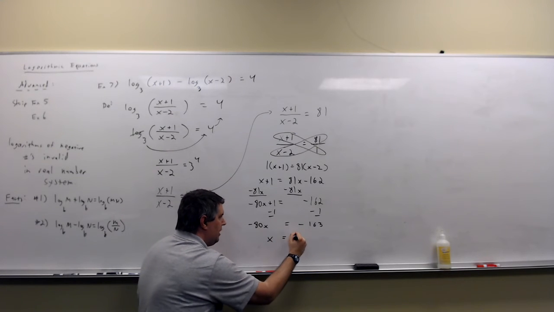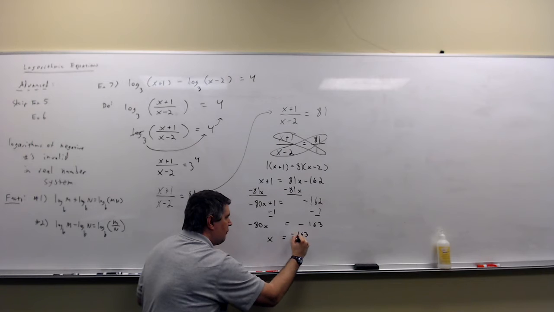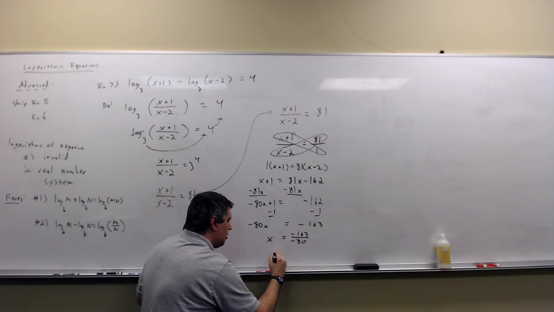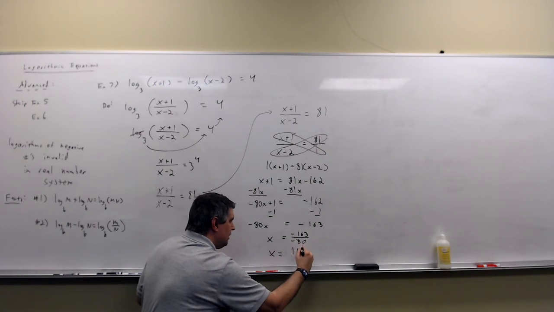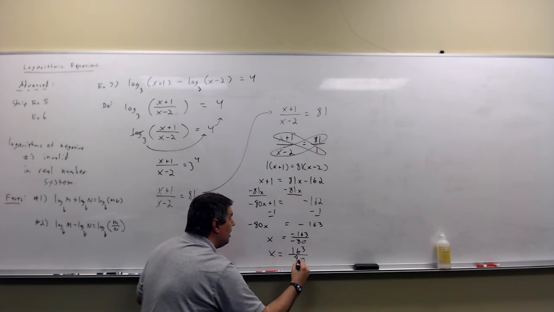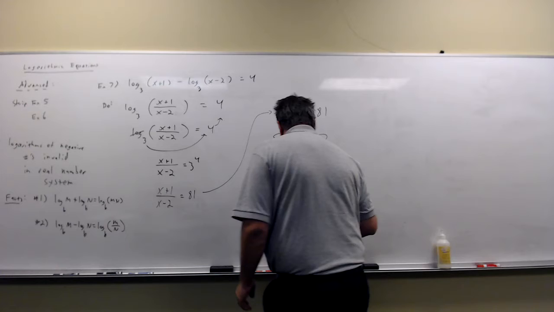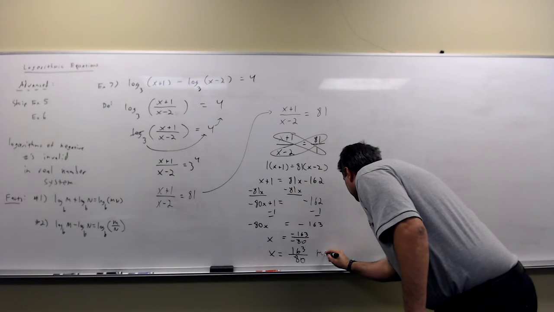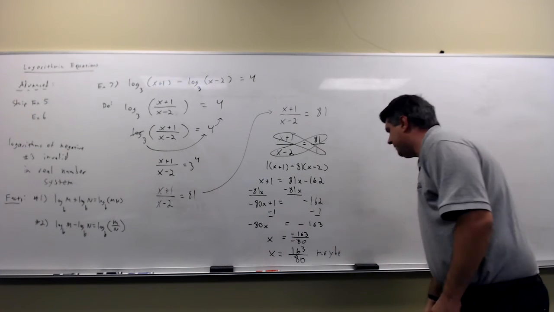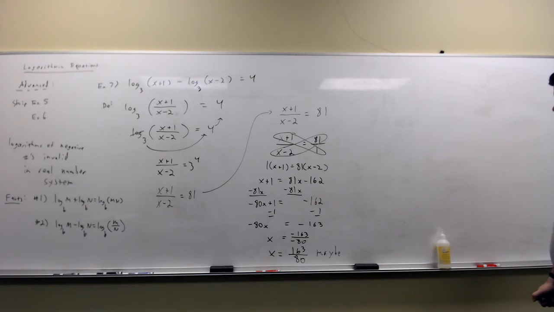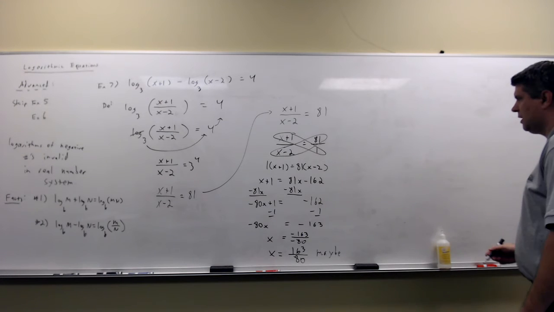Divide, so we'll end up with negative 163 over negative 80. So x equals positive 163 80ths. But folks, because we had a logarithm and a number, this is a maybe.